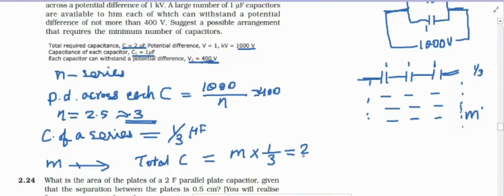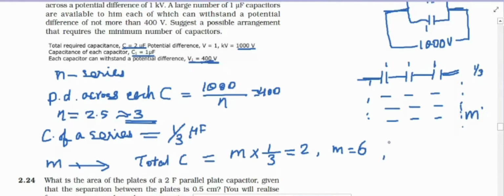The required capacitance is 2. Therefore, m is equal to 6. So how many rows are there? 6 rows are there, and in each row we have 3 capacitors. So 3 capacitors, such 6 rows.